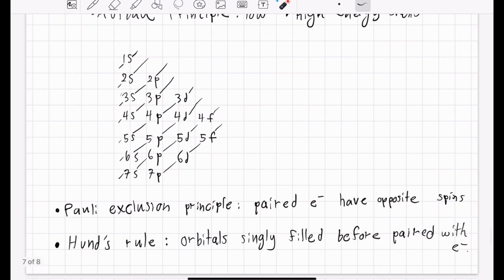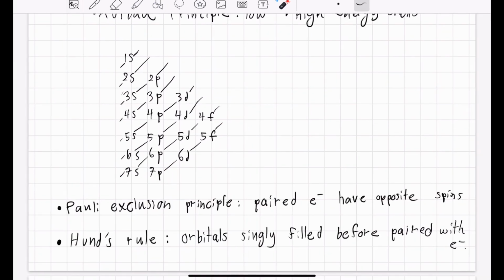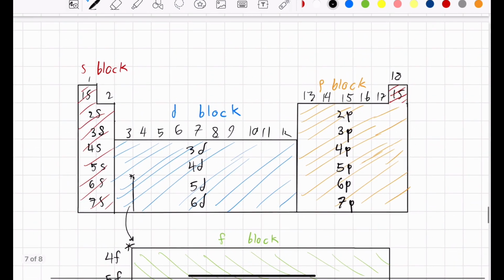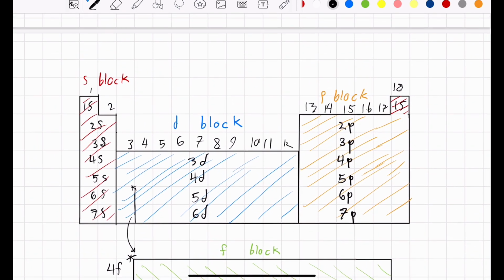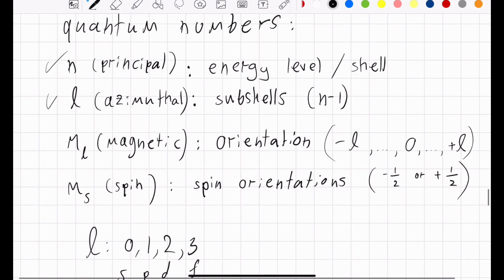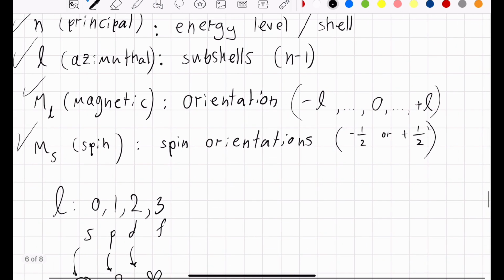The Pauli exclusion principle states that paired electrons must have opposite spins. In other words, they can't have the exact same set of quantum numbers, because if they had the same spin and they were paired, they'd have the same principal quantum number, same L number, same ML, same MS, because they would both have positive or negative 1/2 spins.